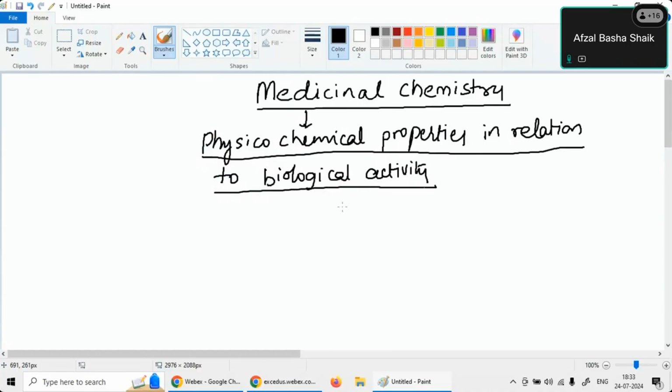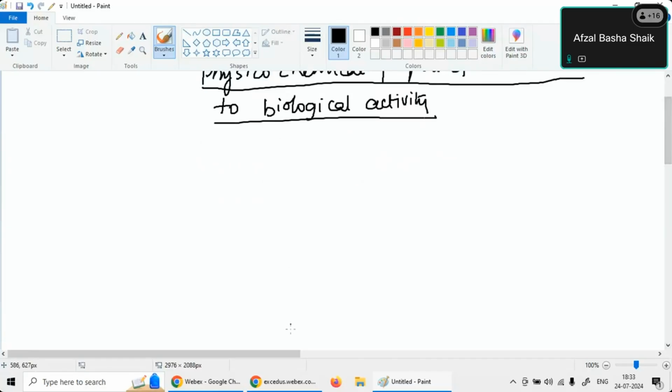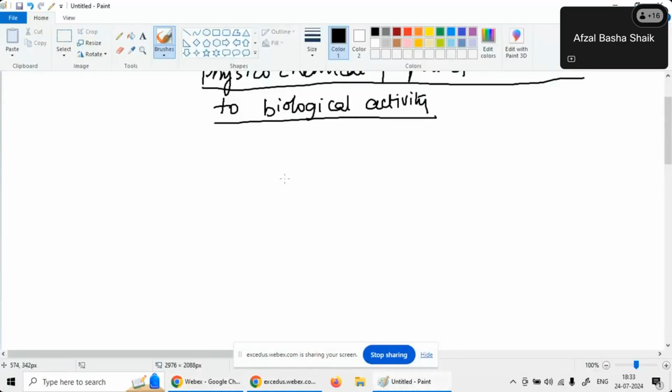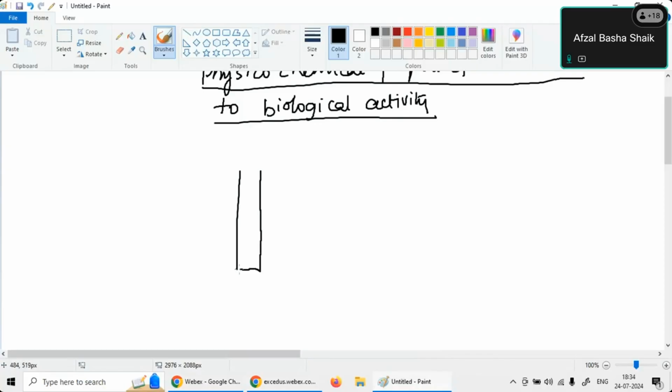So there are a variety of physicochemical properties that are affecting the biological activity, right? Coming to say, for example, you have given a drug or a tablet orally.